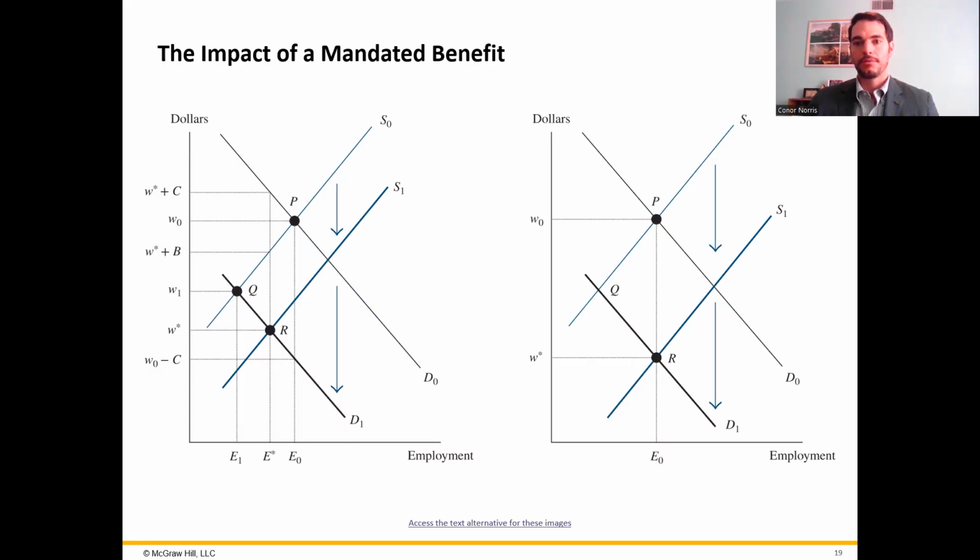We've talked about payroll taxes and subsidies and how they both affect equilibrium, using the model of supply and demand to understand how this happens. Now we're going to explore another type of government intervention, mandated benefits. Mandated benefits are perks or protections that employers are legally required to provide their employees beyond wages.